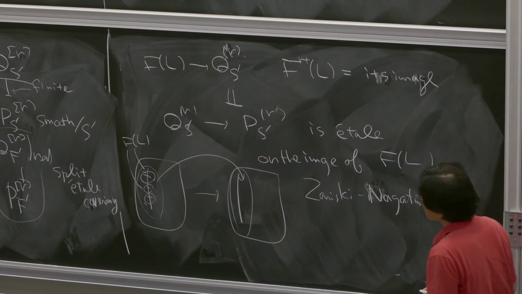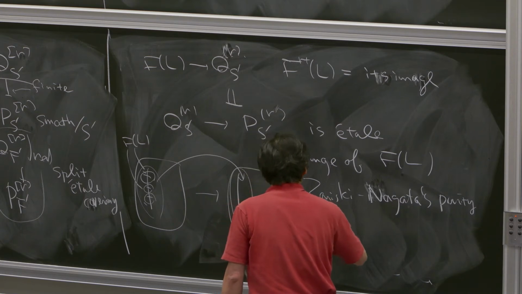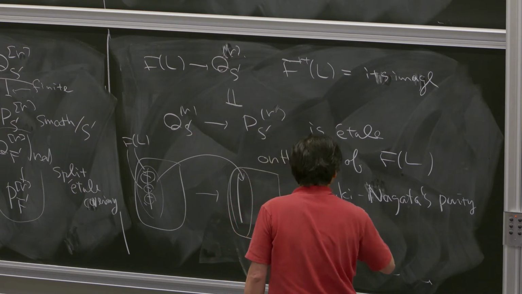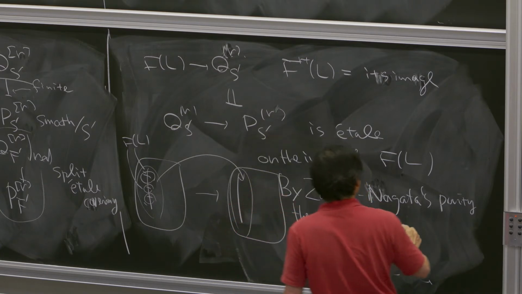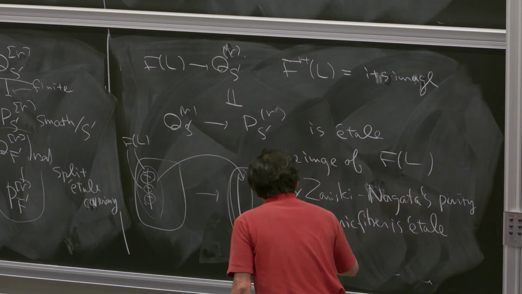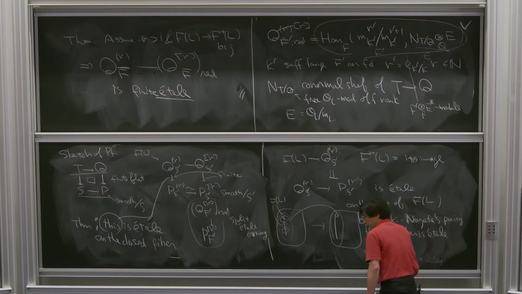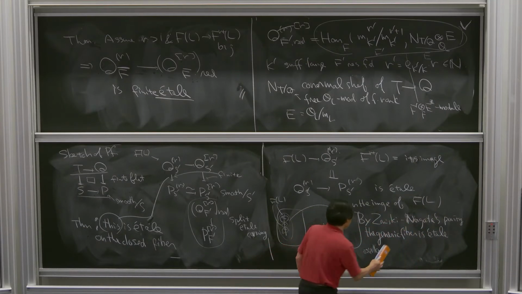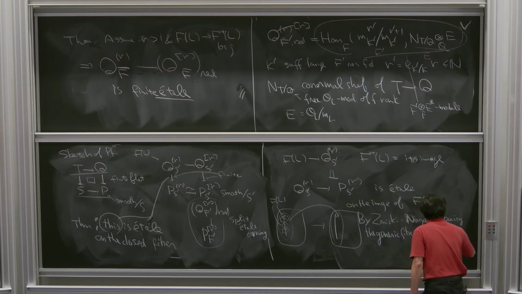To prove this, it suffices to show that the JX fiber is eta on a neighborhood of the closed fiber.